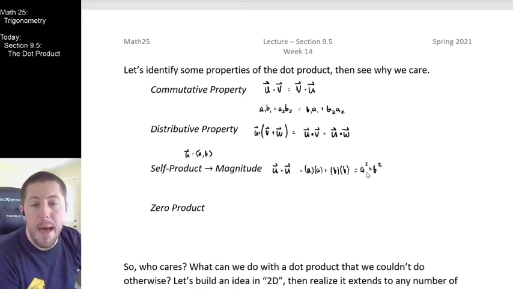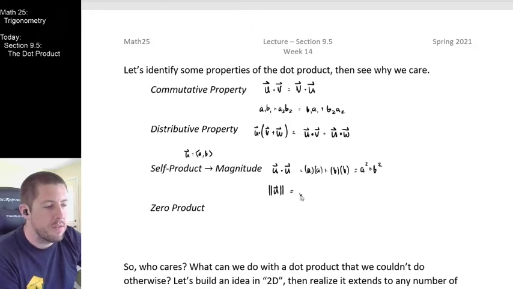And that's almost the magnitude of the vector u. In the previous video, we defined the magnitude of a vector as the length of the vector in two-dimensional space. It should be the square root of a squared plus b squared. So if we square the magnitude of u, we get the dot product of u with itself.